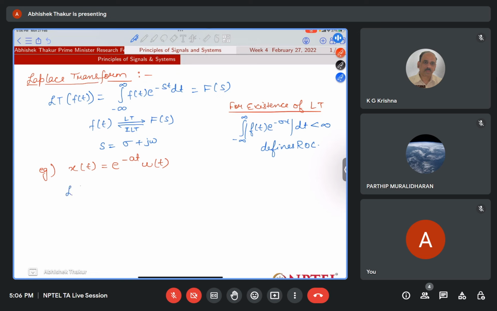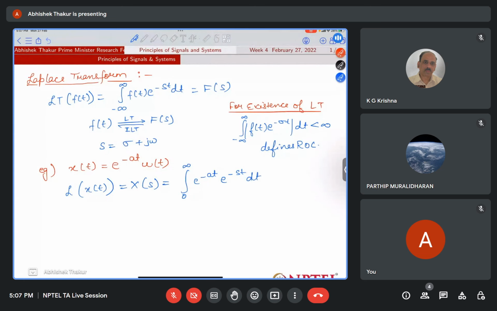So the Laplace transform of x(t), written as X(s), is the integral of f(t) into e to the power minus st. Here f(t) is e to the power minus at. If you remove this u(t), then the integration will be from 0 to infinity and u(t) will become 1, e to the power minus st dt.